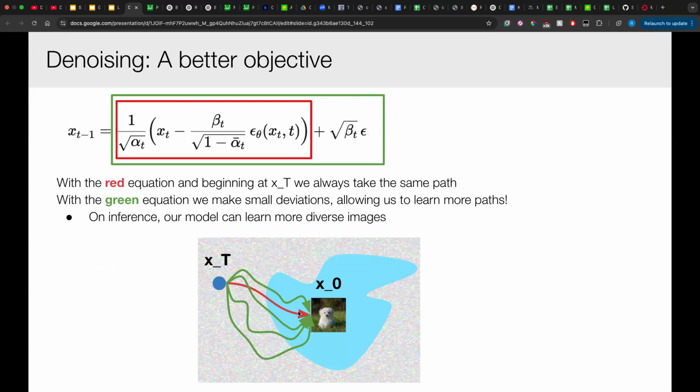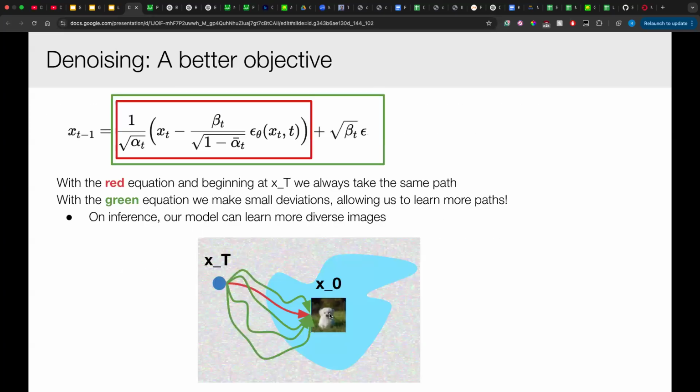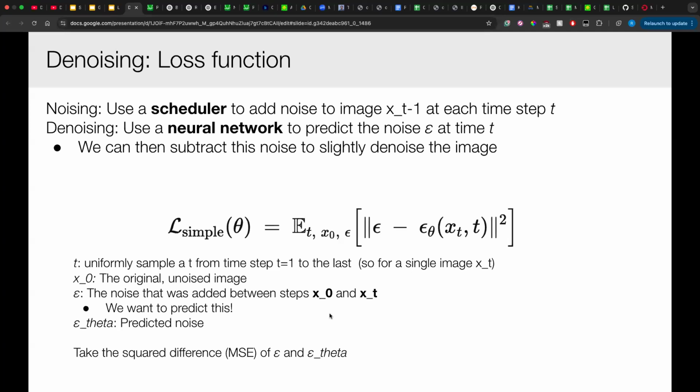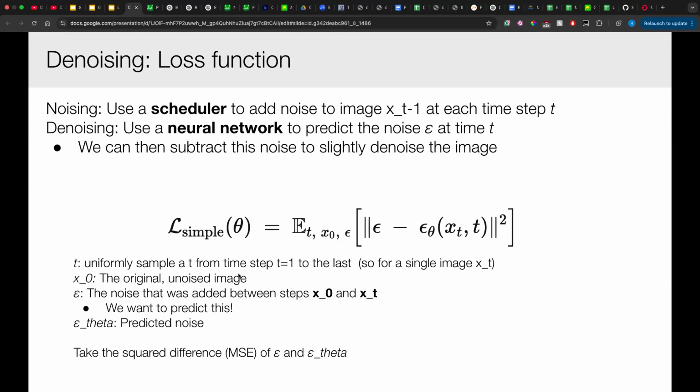So if you have 2,000 time steps, we don't have to learn from t minus 1 to t minus 2, and so on and so forth. We could just sample some smaller number of those and still learn a very strong pathway back to our original image space. You could sample every single t, you just don't have to. Uniformly sample means every single t has an equally likely probability of being chosen. Okay.